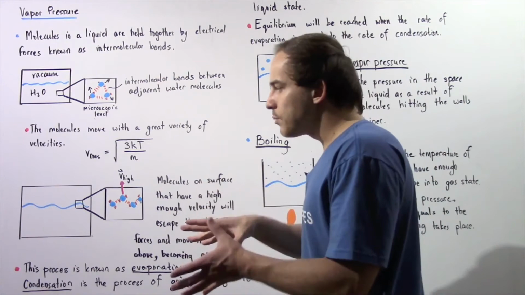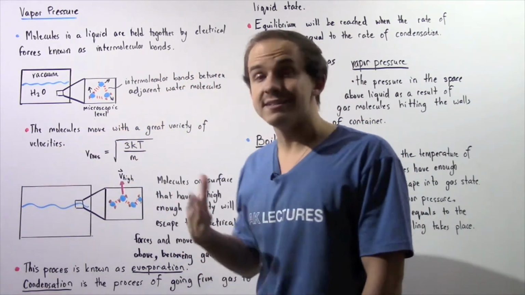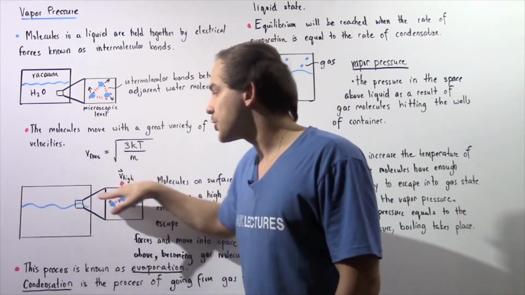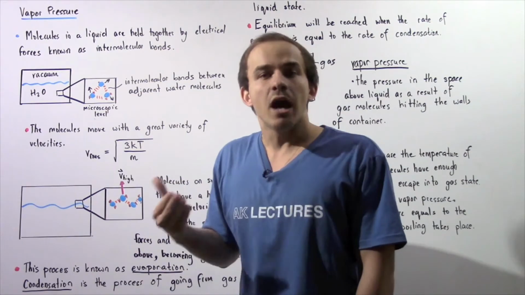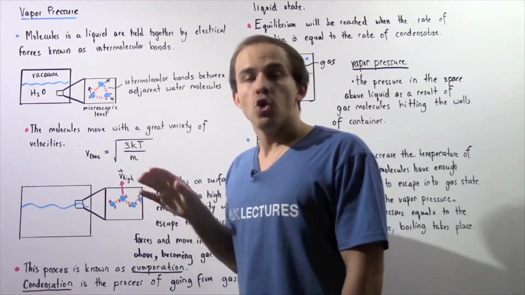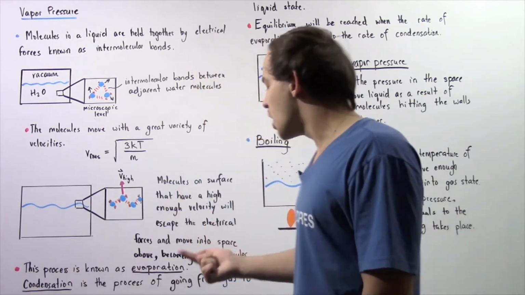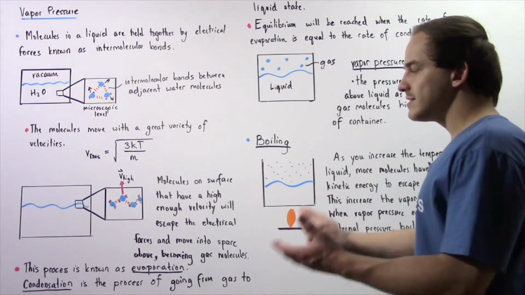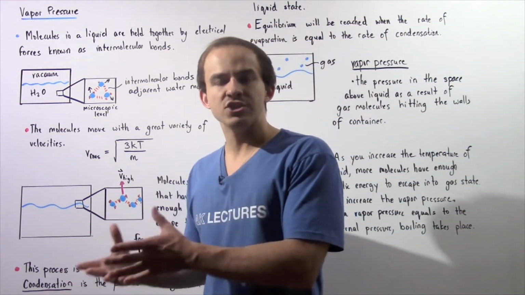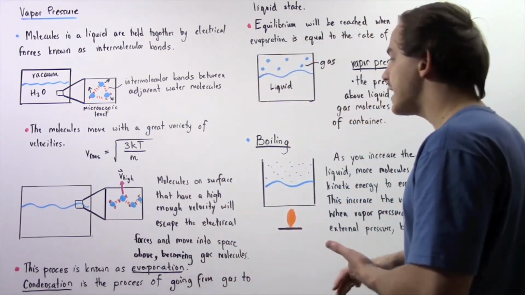Now, these evaporated gas molecules will fly about the empty space, and some of them will hit the surface of the liquid, and some of these molecules that hit the liquid surface will remain in the liquid, and this process is known as condensation. So condensation is the opposite of evaporation. Condensation is going from the gas state back into the liquid state.